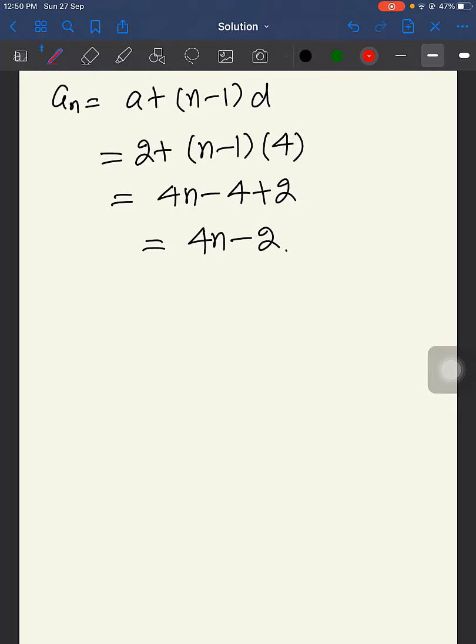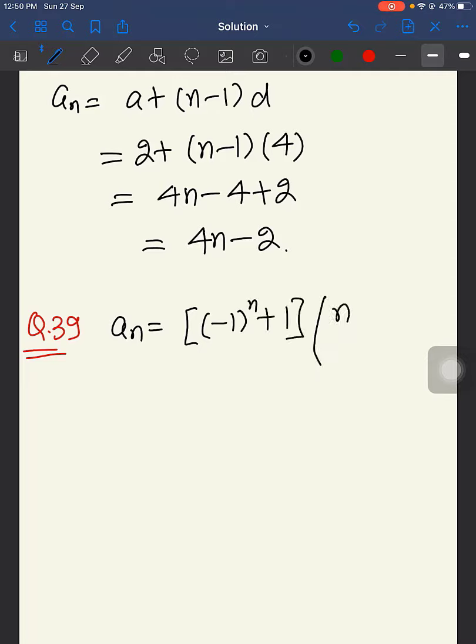Now let's say question number 39. We need to check whether this sequence is convergent or divergent. Now you see that there are two possibilities.